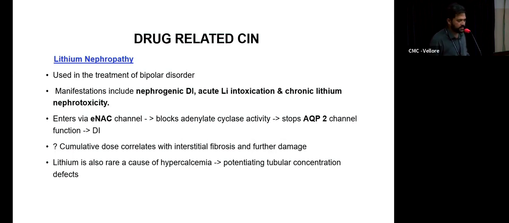How it happens is because you're having a lot of diuresis, there's increased PCT reabsorption of calcium in the proximal segments. So that can potentiate the tubular concentration defects. Hypercalcemia itself can cause decreased aquaporin channels to be functioning, so that can also worsen the nephrogenic diabetes insipidus. If the patient is having both, it's not a good combination to have.